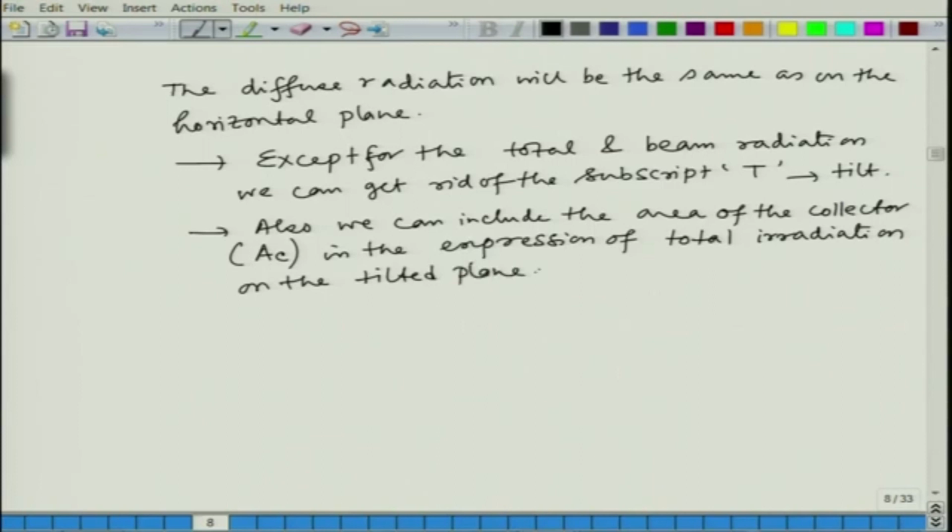So, A_C I_T will be I_B R_B A_C, where I will explain what this R_B stands for, plus I_d,iso multiplied by A_S F_SC.